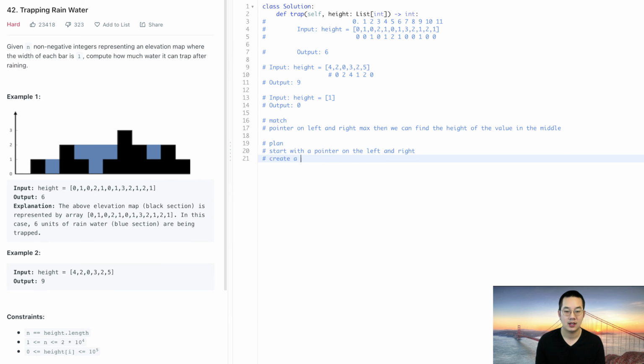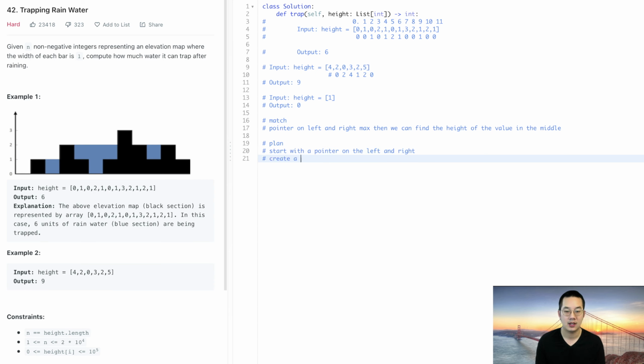For each value seen, get the minimum of left max and right max, subtract the current value. Yeah, and that's it.